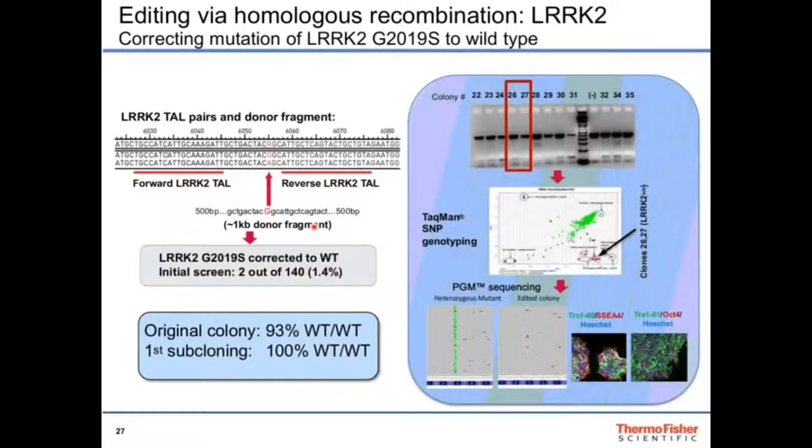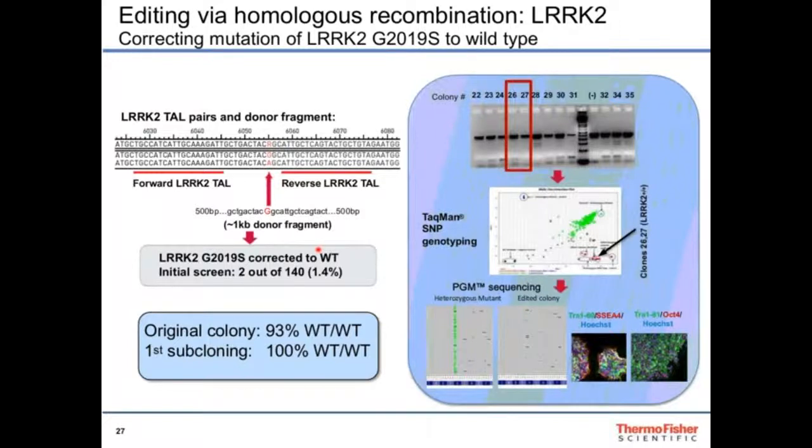So basically, we did that. We created our TALEN effectors to bind and cleave right about where the mutation is. We created our donor DNA, which has about 500 base pairs of homology on either side, and this is a linear piece of double-stranded DNA. We then did our screen.